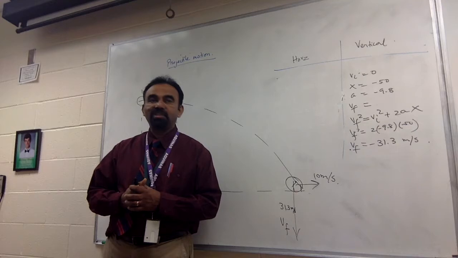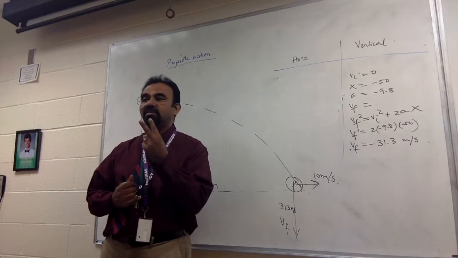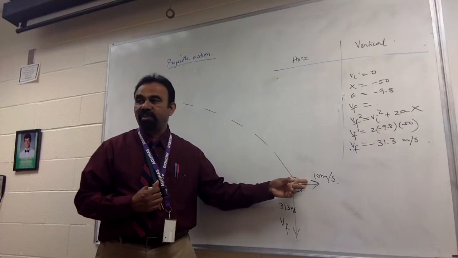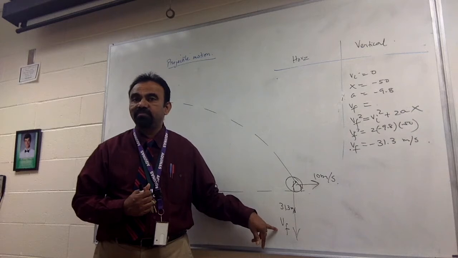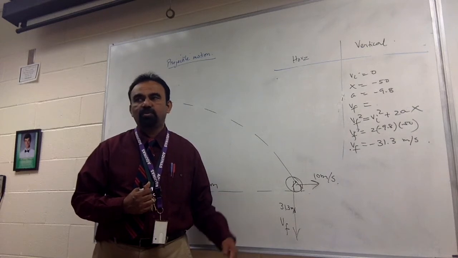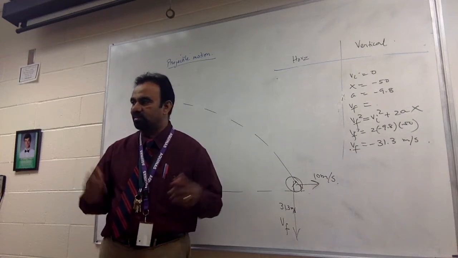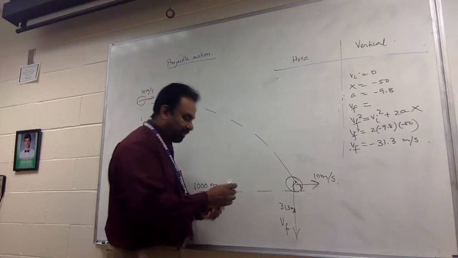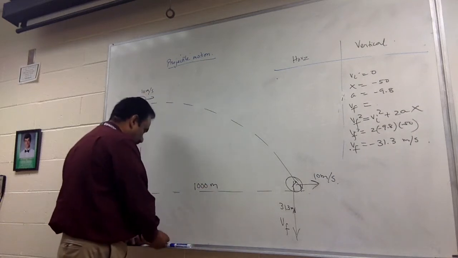Then what about the 10? So when the bowling ball is hitting the ground, it has two velocities: a horizontal component of 10 and a vertical component of 31.3. So what do you do for the final resultant? Take the resultant of these two.